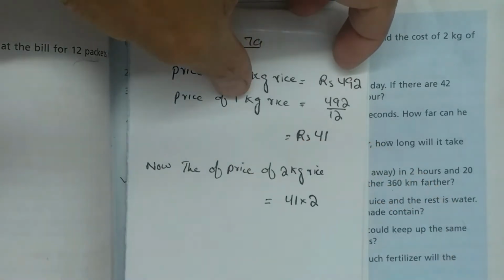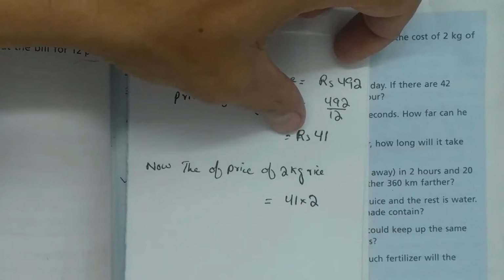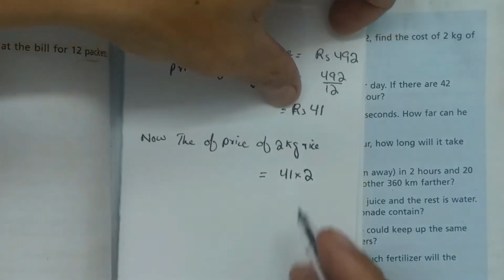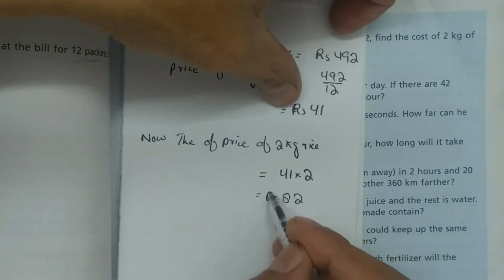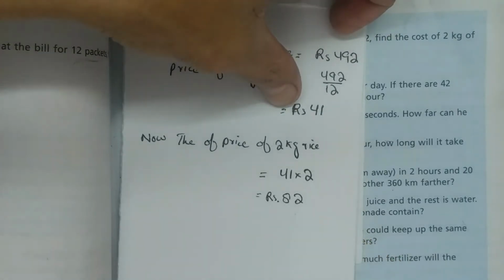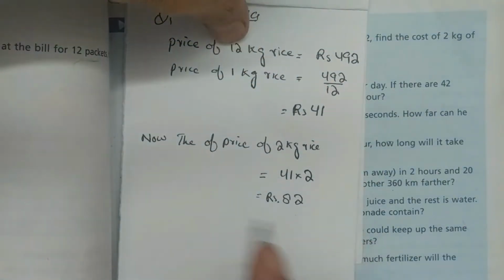The price for 1 you have to find out, and it is 41 rupees. Then for 2, for 3, for 4, just multiply it with that one. So 2 1s are 2 and 2 4s are 8. Rs 82 is the price of 2 kg. Very simple.